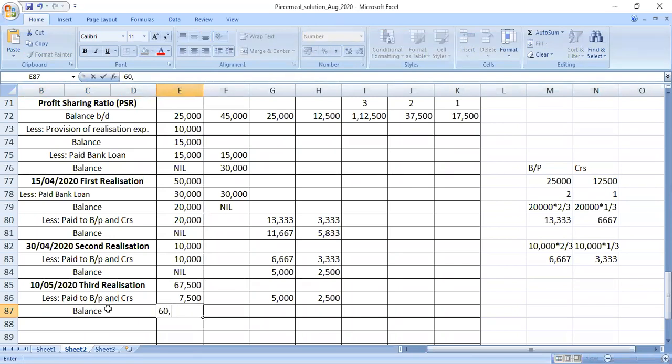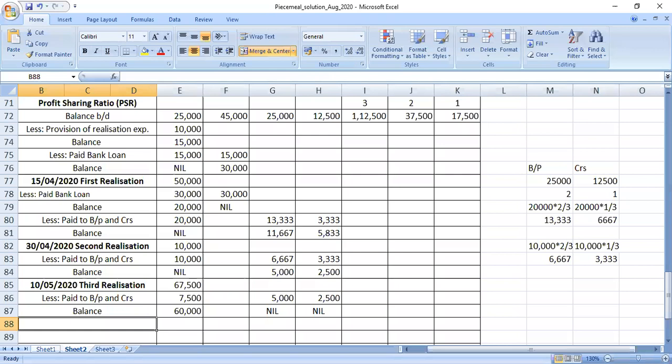Balance cash available is 60,000, and bills payable and creditors are nil. It means the partnership firm paid both the liabilities. After paying these liabilities, we still have a balance of 60,000 rupees.